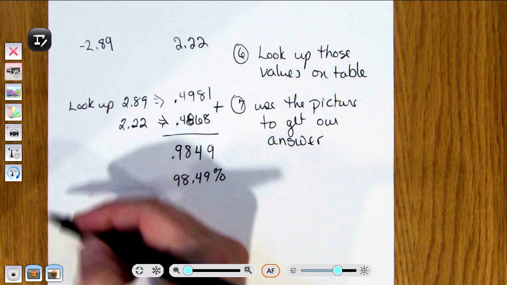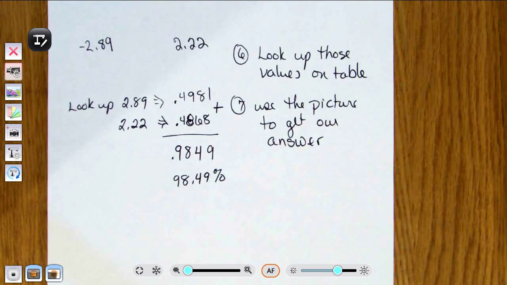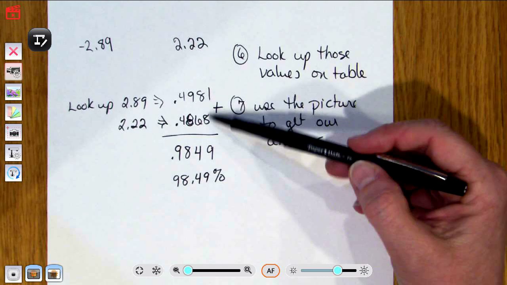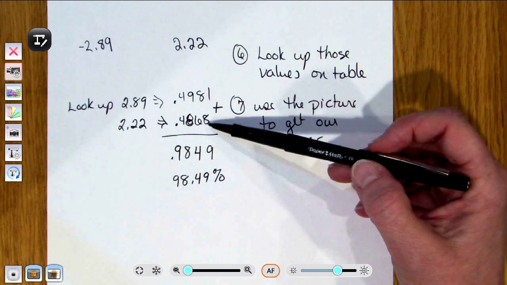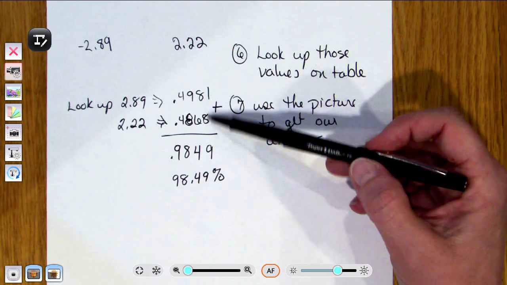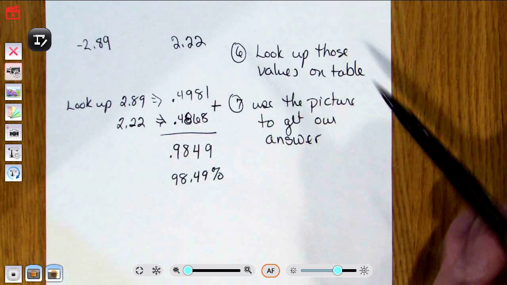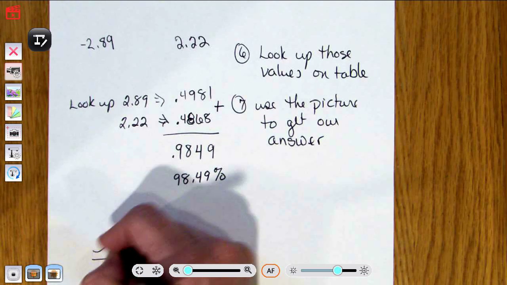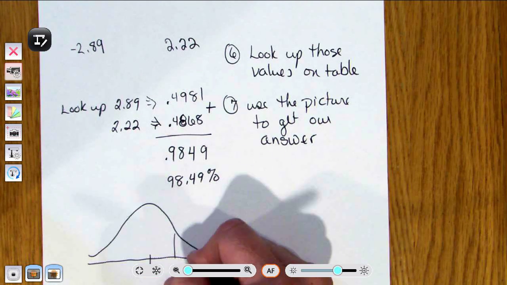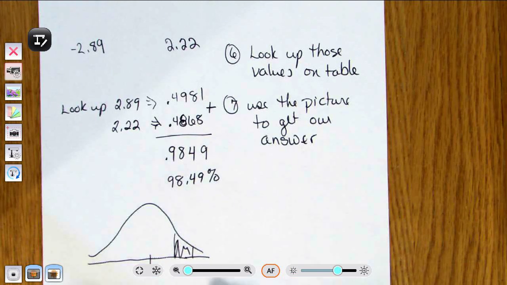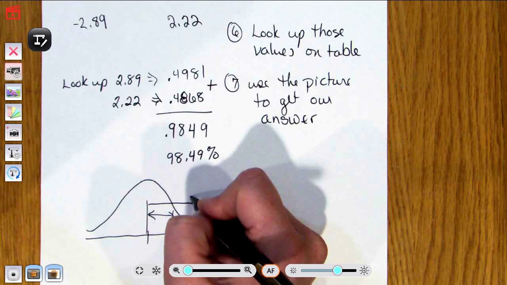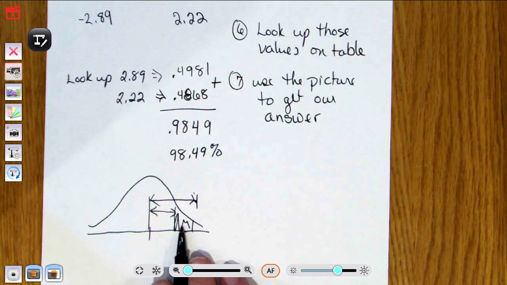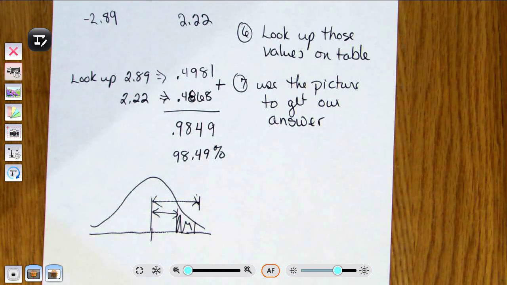Okay. These steps are the exact same every single time. The steps that you do on this last one will be very similar to what we did in video 2. If they're on either side, we will be adding. If they are on the same side, so let's say we have a picture and we've got two numbers and we want between these two. One time we look it up will give us this value, the other one would give us this value. So to find between them, we would subtract.